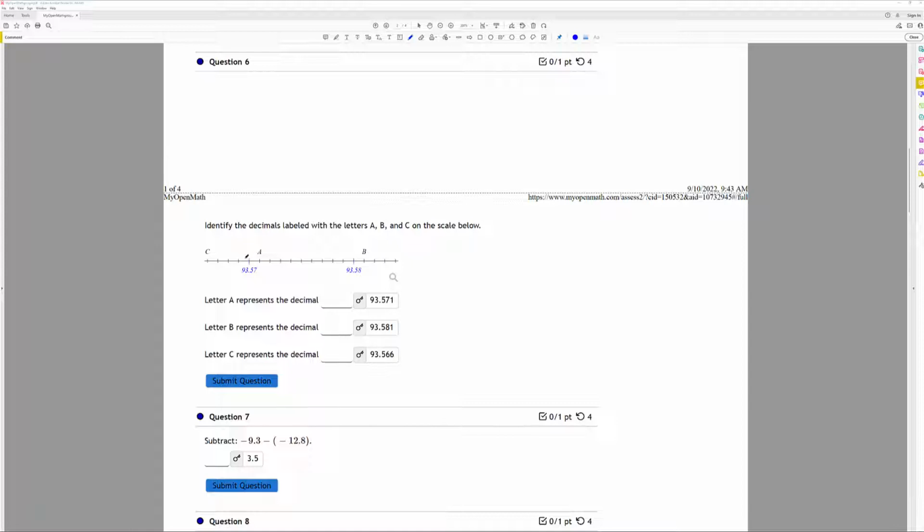So here again, I count between 93.57 and 93.58. I have 1, 2, 3, 4, 5, 6, 7, 8, 9, 10. So between here and here, I count 10 spaces.